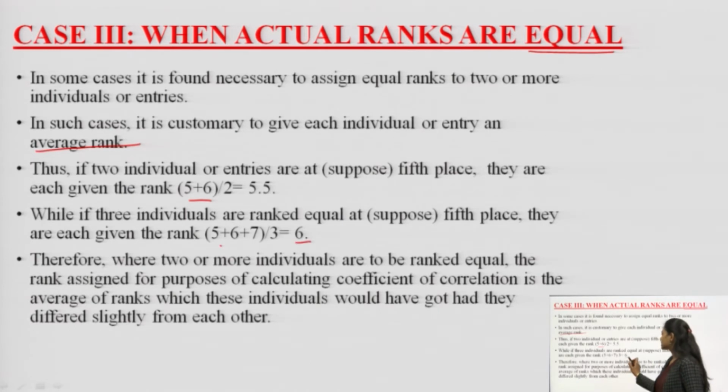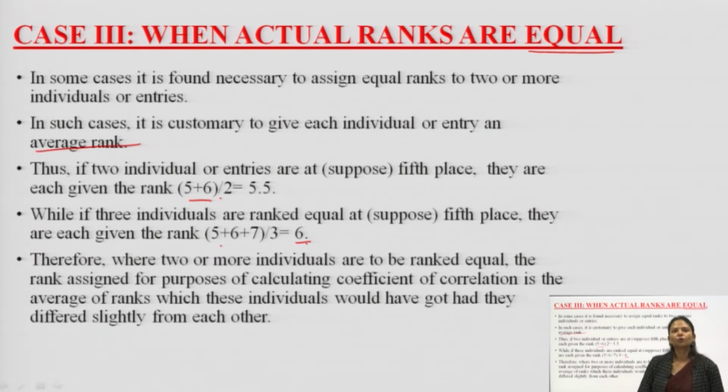So, I will give rank 6 to all the 3 observations, and to the next observation after 7 we will give 8, we cannot give 7. In the same manner, when 2 observations had equal ranks, we will give the next observation 7 and not 6. We will just skip those ranks which are already used, and we have given a common rank of 6 here.